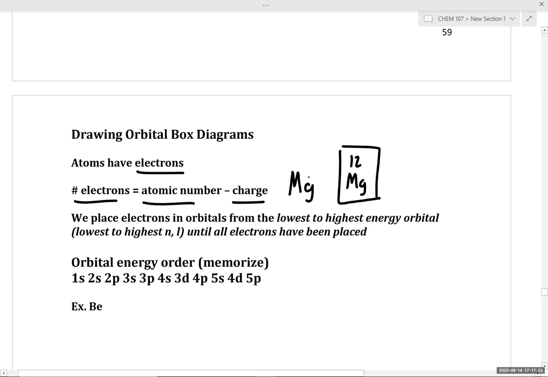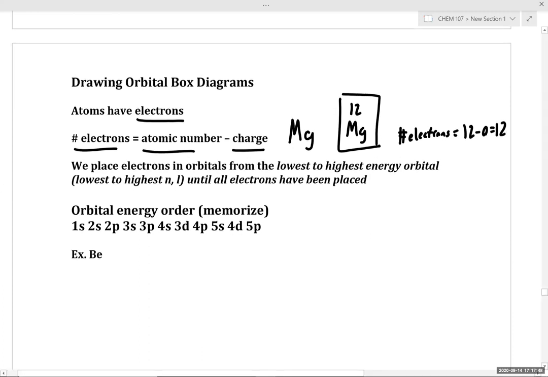So neutral magnesium, our number of electrons, would be equal to 12 minus 0, which is equal to 12. So we know how to calculate the number of electrons.